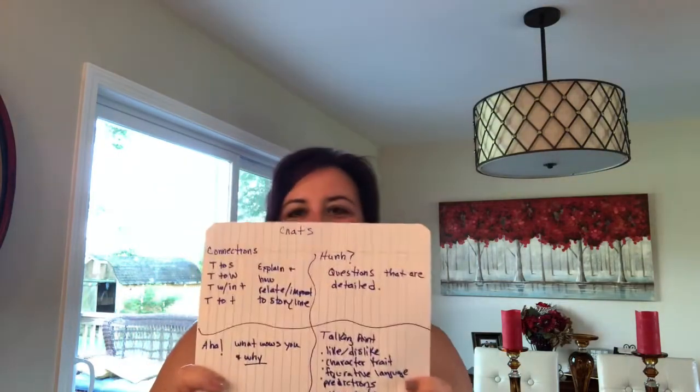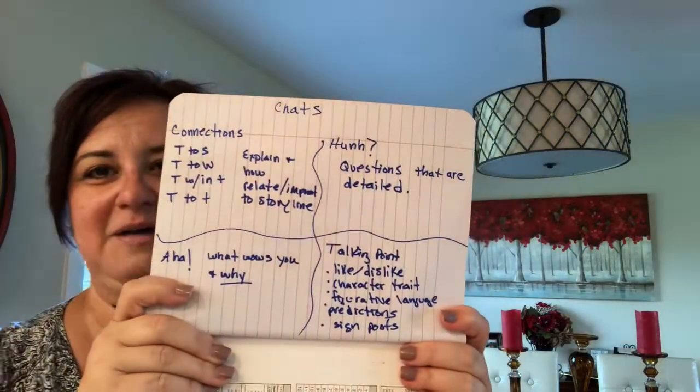So what I would do is I would demonstrate how to fill out the chat. And my students would be taking this down, not on this piece of paper and then use it as an anchor chart, because they will lose it, 5th graders will lose it, but inside their notebook. And I'll give you a little quick picture of how it would be set up, okay?